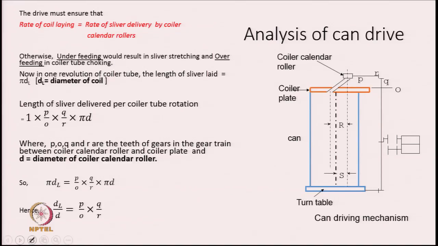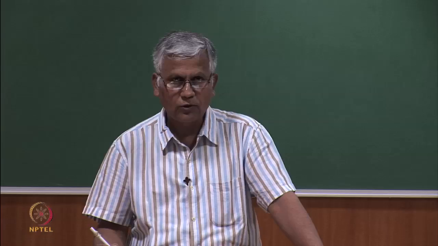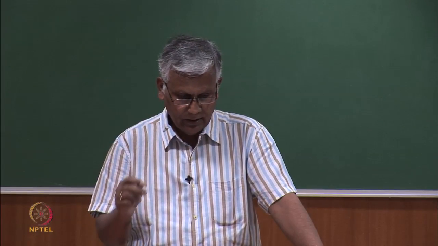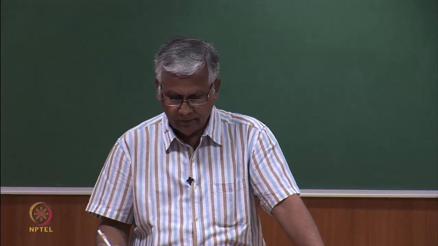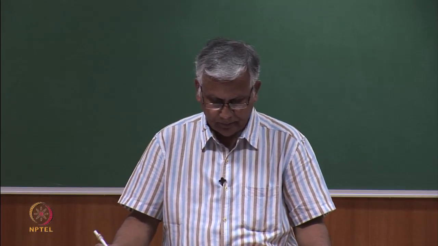If we look at the drive part in detail, we will see that the drive must ensure the rate of coil laying is equal to the rate of sliver delivery by the coiler calendar rollers. These two must match. While coiling, whatever length of sliver is required, the same length of sliver must be delivered by the coiler calendar roller.